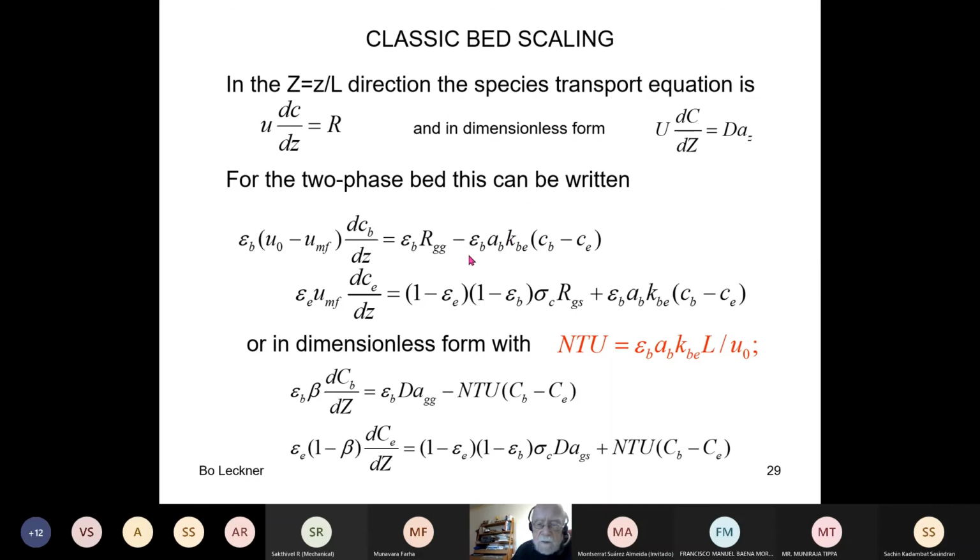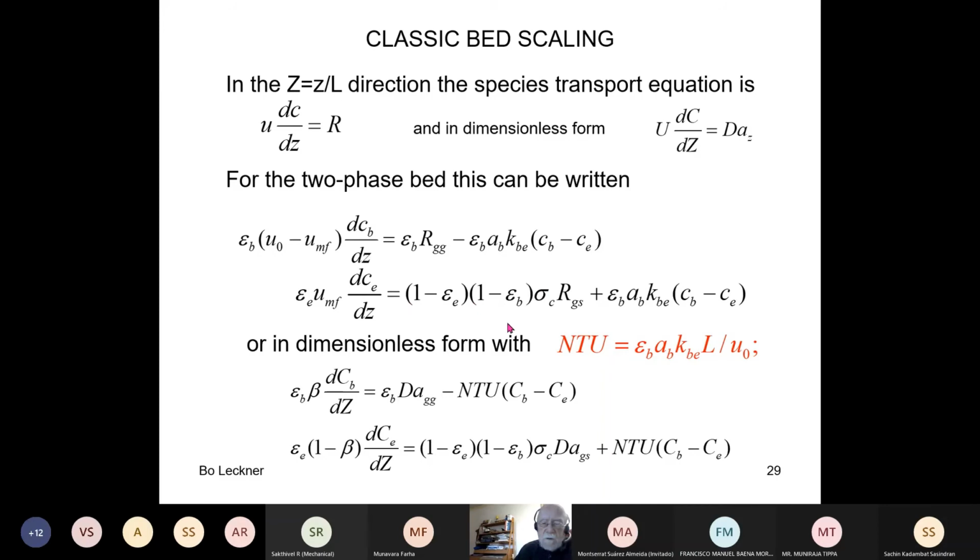And here we have the interaction between the bubble phase and the emulsion phase. It looks like this, and it is minus here, but in the other equation, which is from the emulsion phase only, you have a voidage of the emulsion phase, and according to the two-phase theory of fluidization, the velocity in the emulsion phase is the minimum fluidization velocity, and the particle concentration in the emulsion phase is here, and also you have to subtract the one which is the bubble phase.